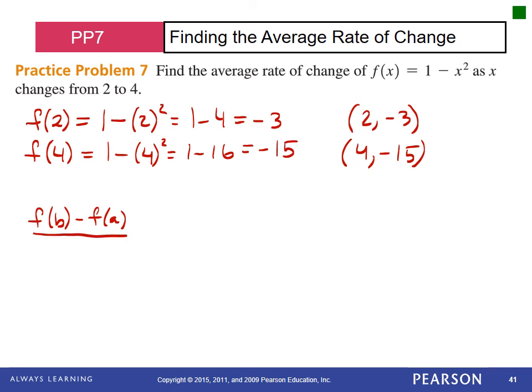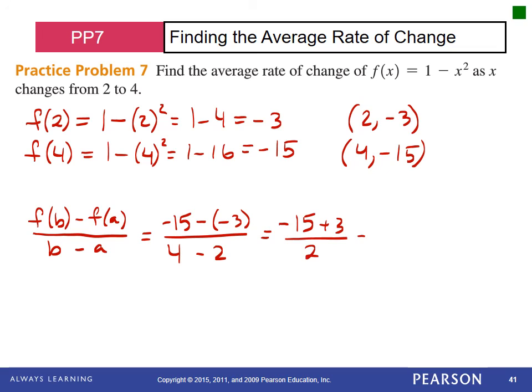All right, so the difference between A and B: A is going to be the smaller of the values, B would be the bigger one here. So if I go back to f of B minus f of A over B minus A, for me the 4 is going to be the B and the 2 is going to be the A. So let's go with negative 15, subtract a negative 3.